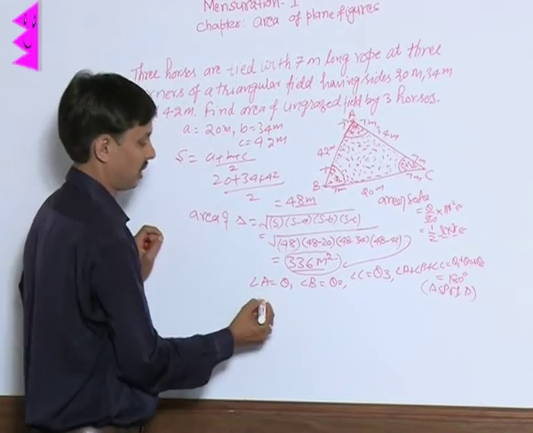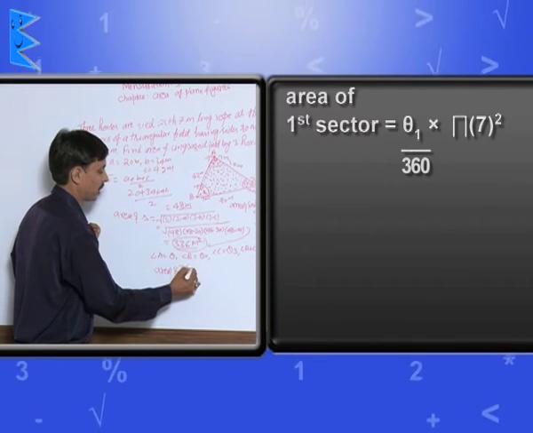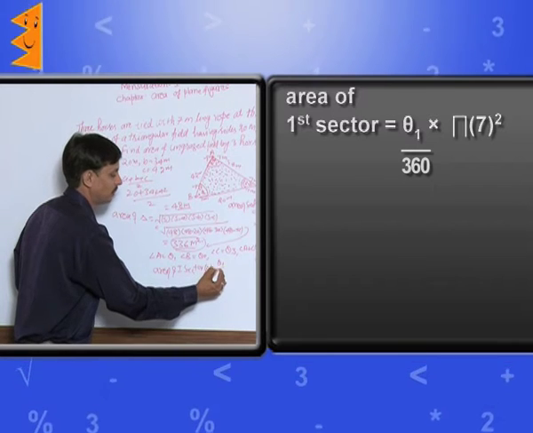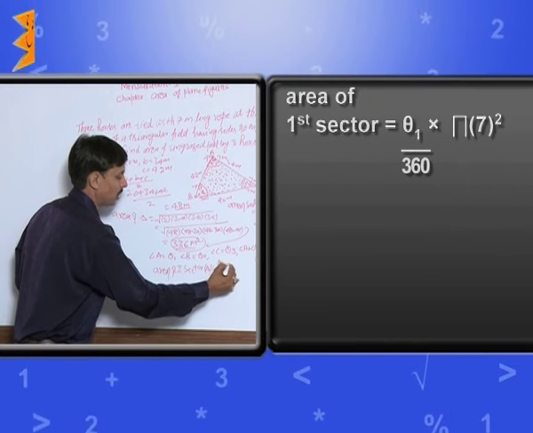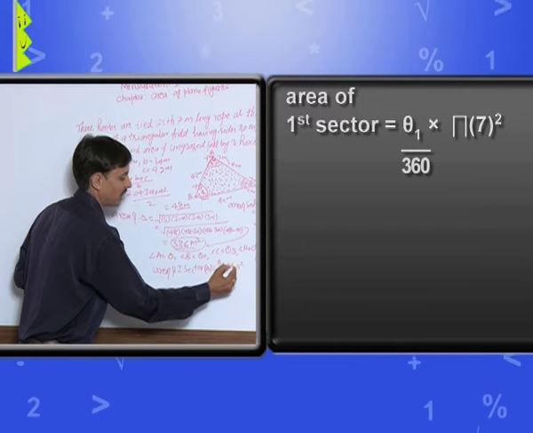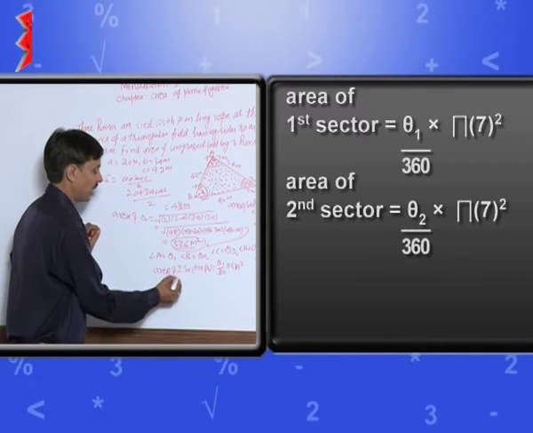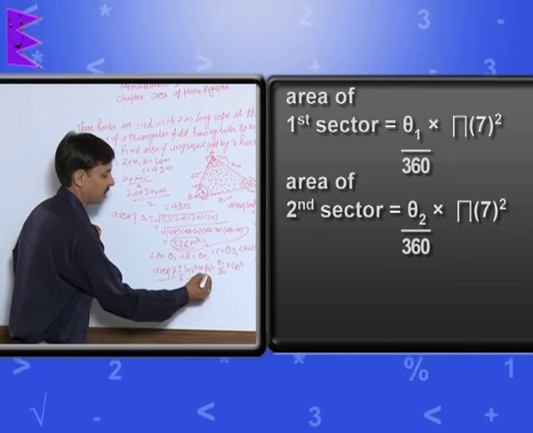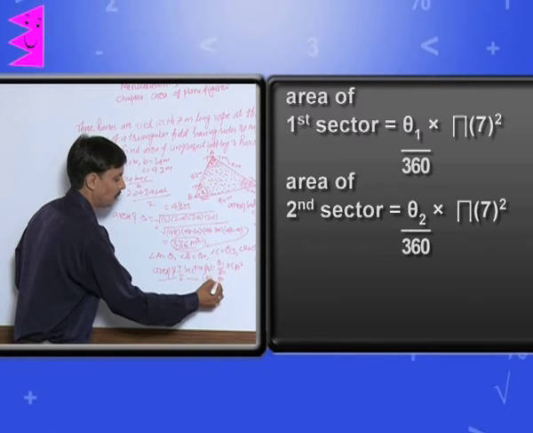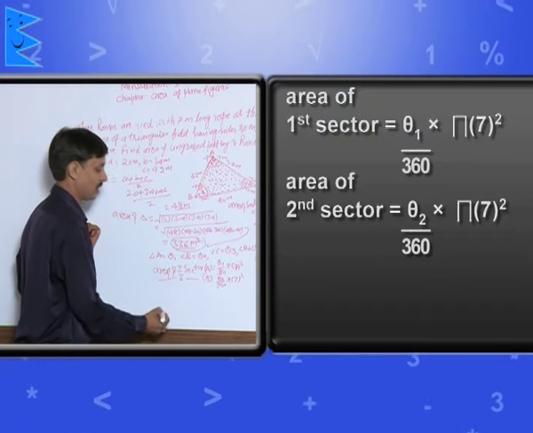Area of first sector, that is with vertex A, is theta 1 upon 360 into pi r square, meaning 7 square. Then the area of the second sector, that is with vertex B, is theta 2 upon 360 into pi, the radius again the same.